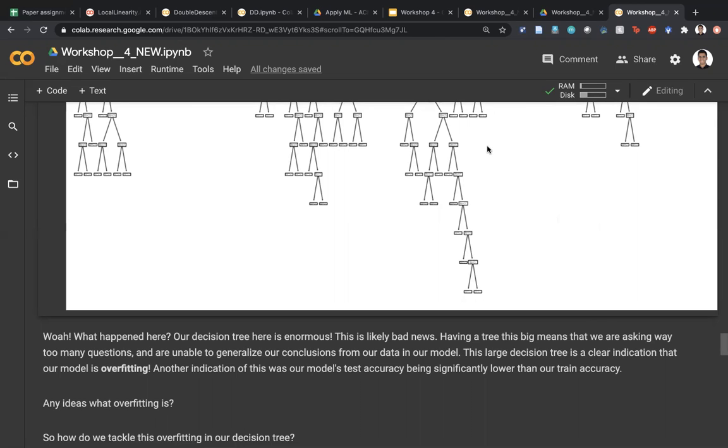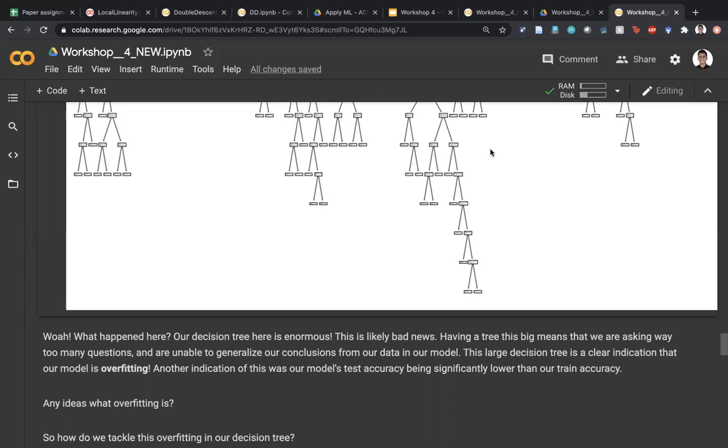Because what's happening is your decision tree or your model is learning the specifics of your training data and is not able to learn the general trends in your training data. Your model is essentially memorizing your training data, but it's not able to generalize to the testing data.